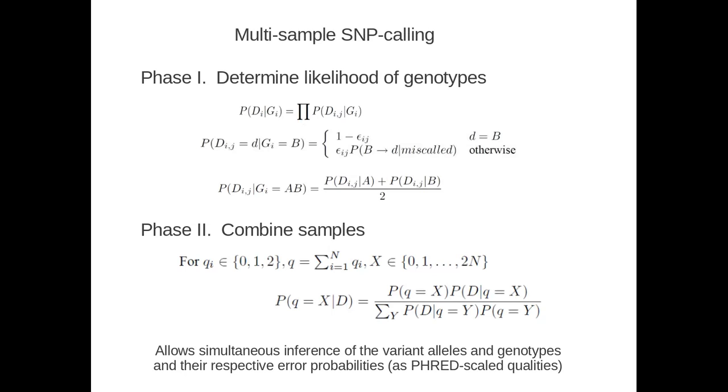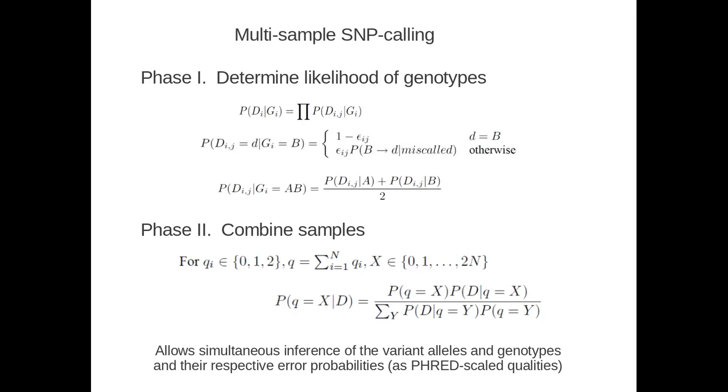But in multi-sample SNP calling, we have sort of two phases. We have the phase that determines the likelihood of each of the three genotypes, in the case where you have two bases at a particular position, and then the second phase of combining across samples in this multi-sample SNP calling approach that's now sort of the industry standard in large resequencing data sets.